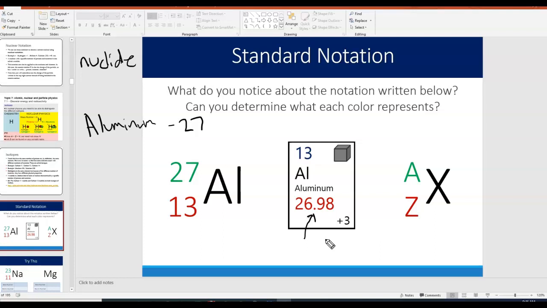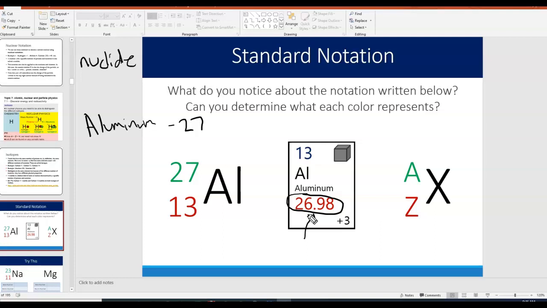And because they occur in nature in different proportions, that's why you see that decimal answer. The number on the periodic table, this one right here, is not the same as the mass number. And it's a little confusing, but the mass number is not the same as the mass of the atom. And so when I say mass number, that's not the same thing as mass.